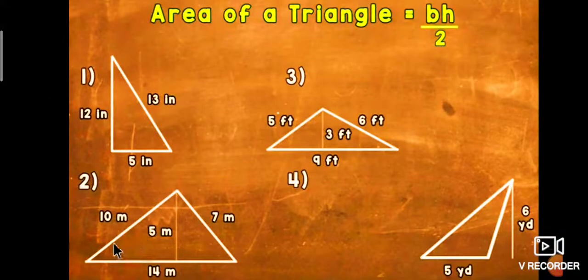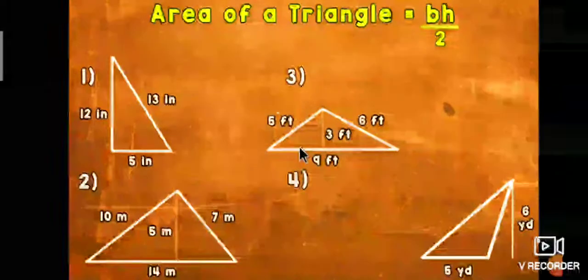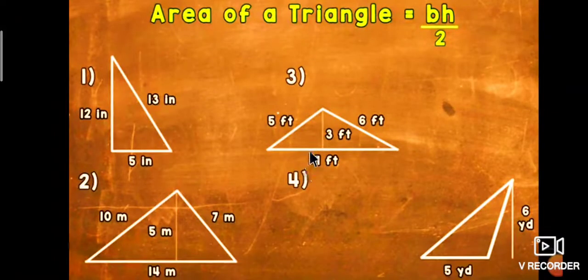In the second one, height is 5 meter, base is 14 meter, other two sides are 7 meter and 10 meters. Third one is, one side is 5 feet, next side is 9 feet, height is 3 feet, other side is 6 feet.